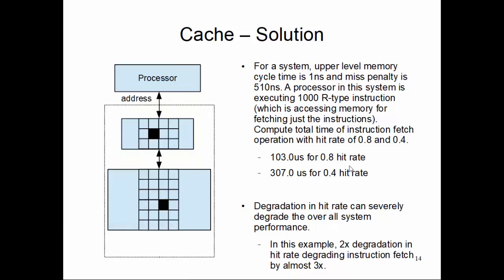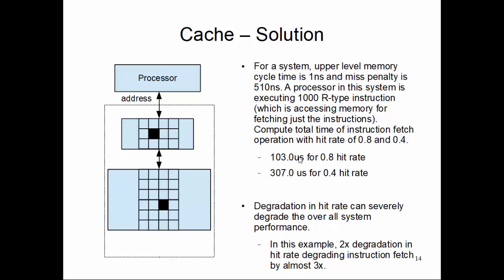So you see, with this example, hit rate is a very important characteristic of a cache. Even just by degrading the hit rate from 0.8 to 0.4, where 50% of the hit rate is gone, we are degrading our performance almost 3 times, right?